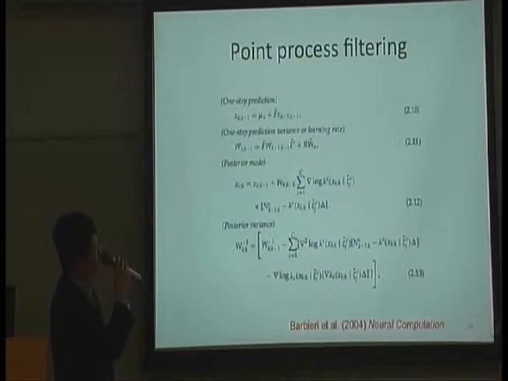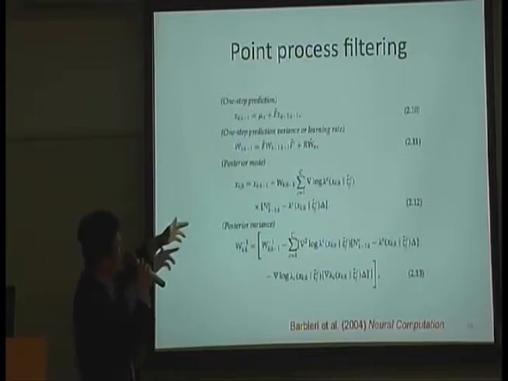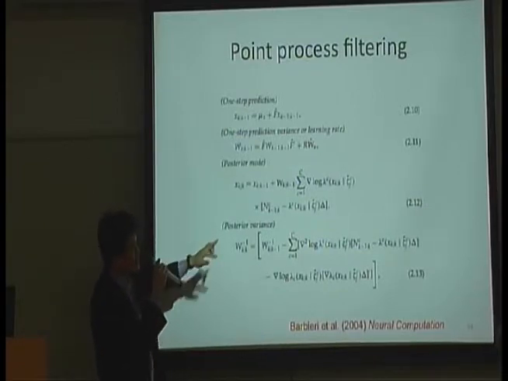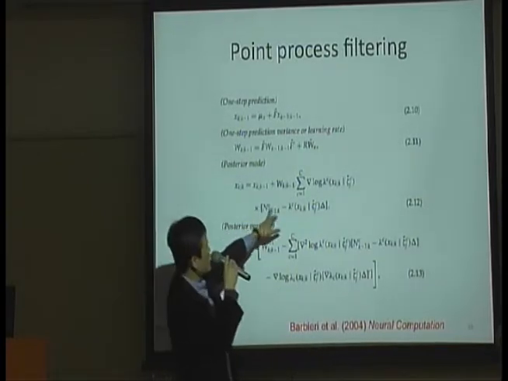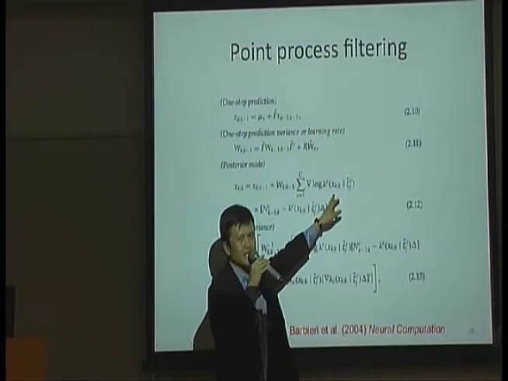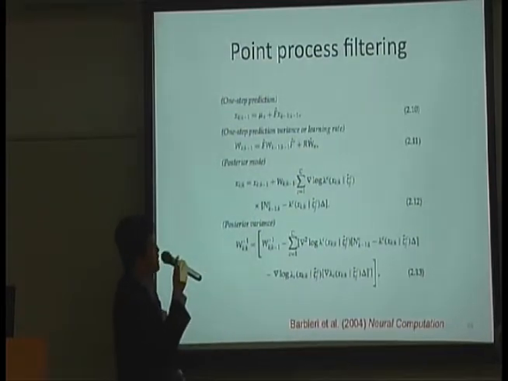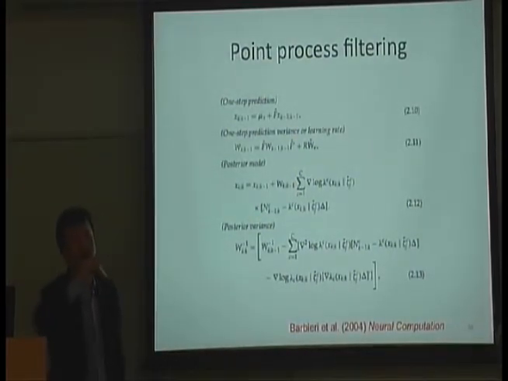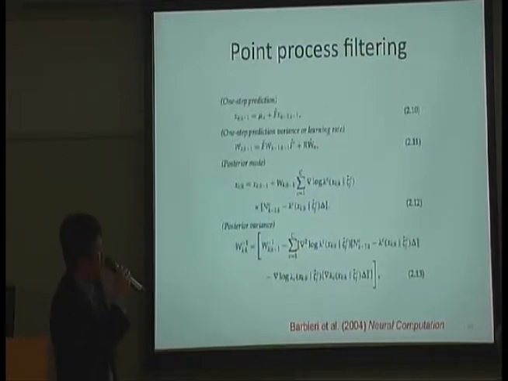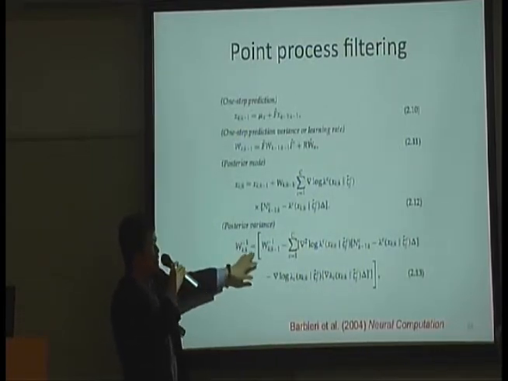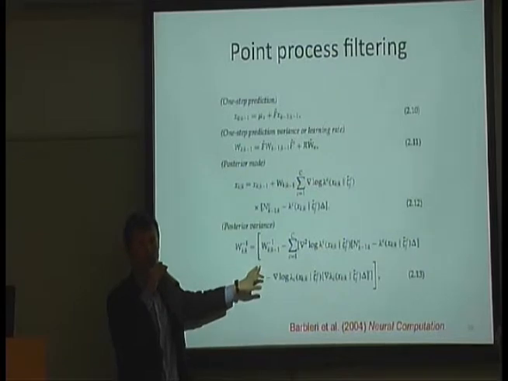In the update state, the posterior state, it's a little different, because the update equation generally involves some nonlinearity, the update of the point process likelihood, and the posterior variance basically involves what is called Gaussian.